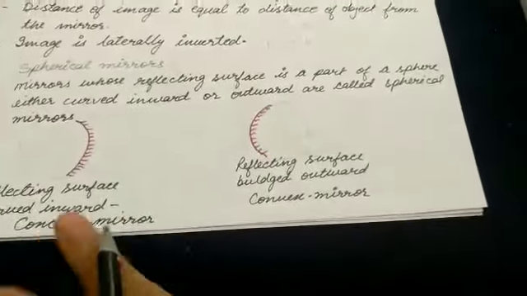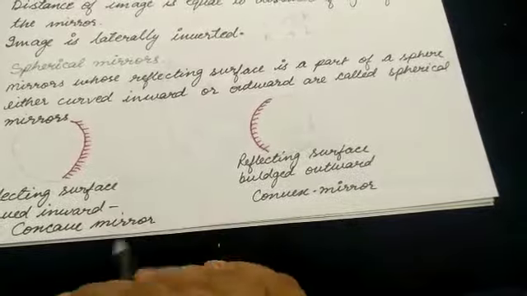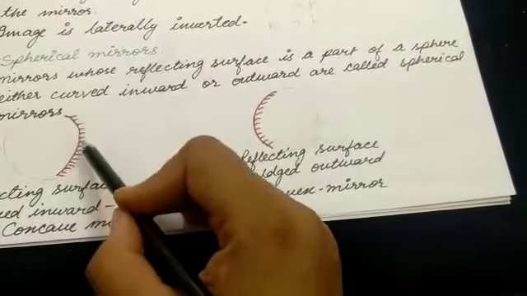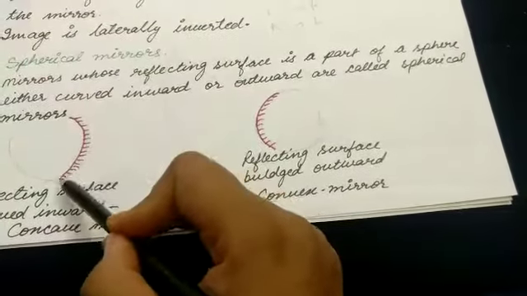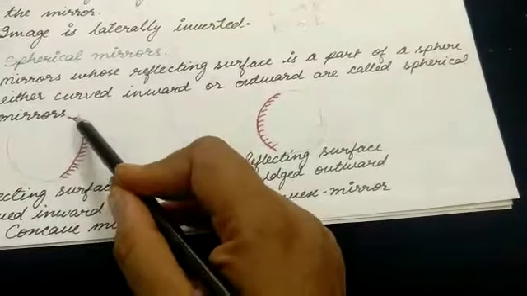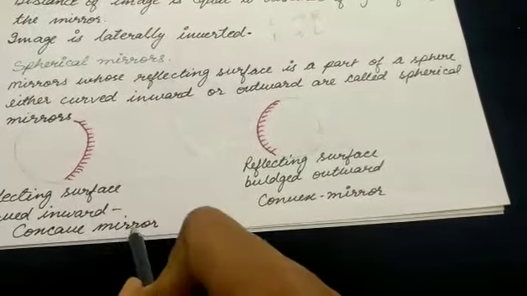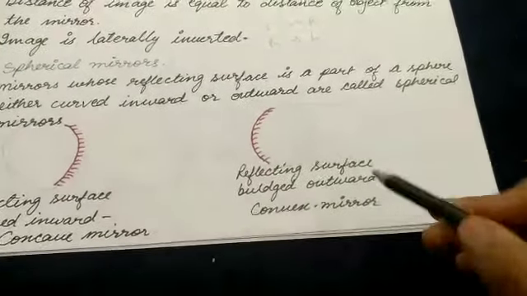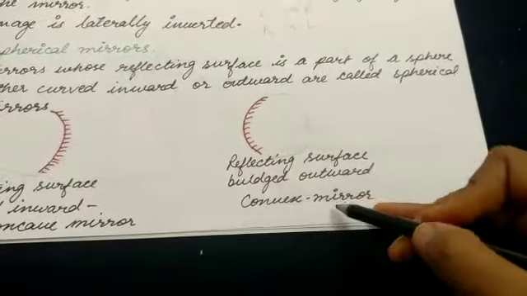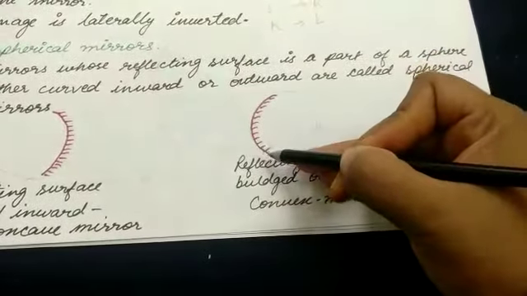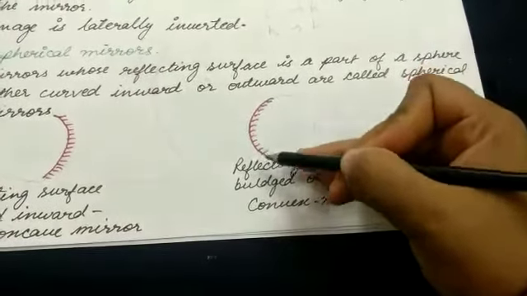So we have two types of spherical mirror here: one whose reflecting surface is curved inward like a cave, considered as concave mirror, and the second one is convex mirror, whose reflecting surface is bulged out.